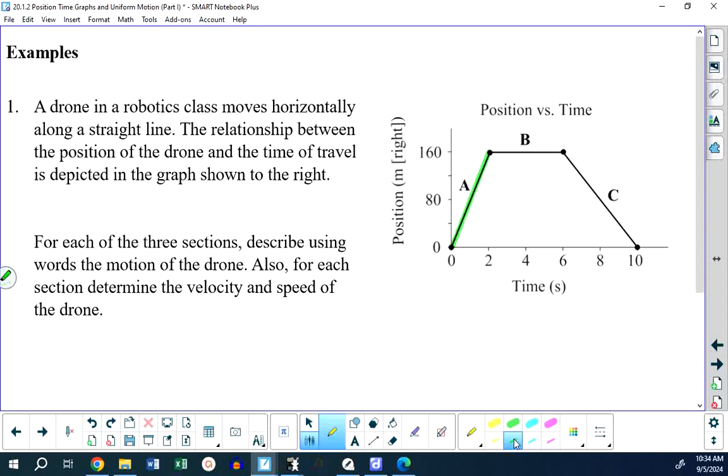Right? It starts here. It's 160 meters that way in 2 seconds. Some kind of military drone. Some kind of industrial drone. That's pretty fast. Okay? But can somebody tell me why it's moving at a constant velocity in that interval?